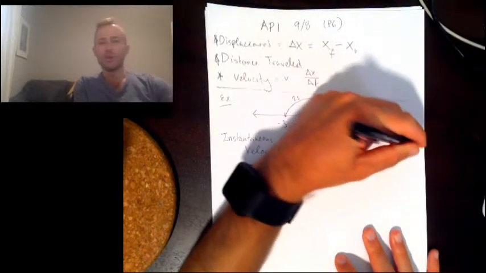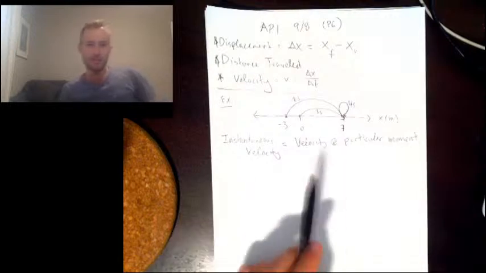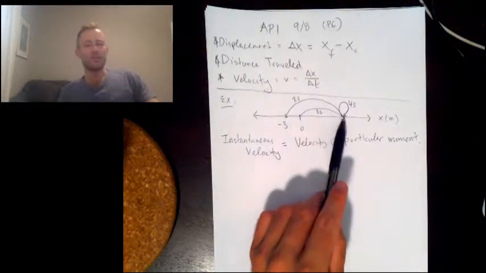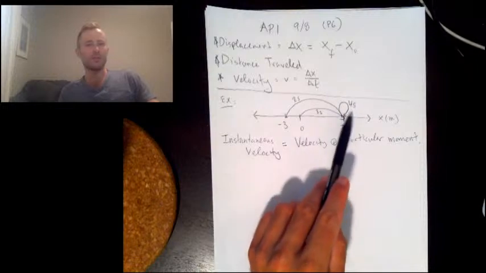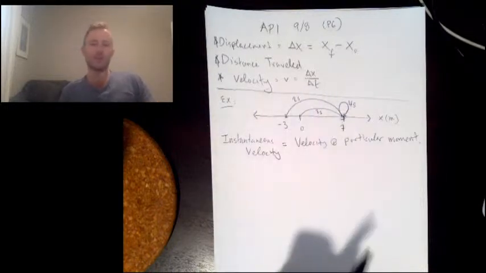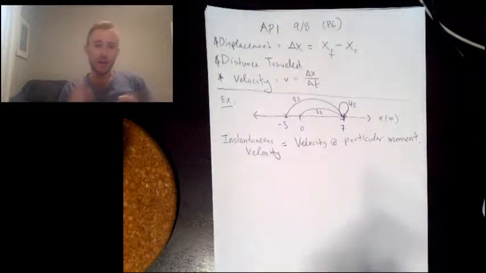Okay? So this journey has 3 different parts. It has a part that lasted 3 seconds, 4 seconds, and 2 seconds. So that means that I had 3 different instantaneous velocities.